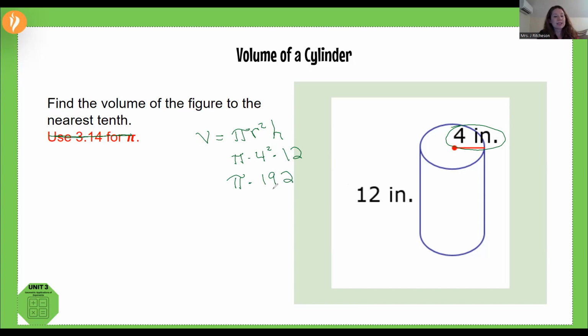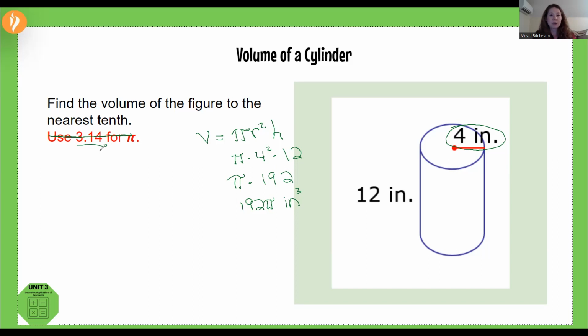And so finally, if I was given an exact answer, I would say 192 pi inches cubed. That would be my final answer if it said leave your answer in terms of pi. However, we do see that they wanted us to multiply by 3.14 in place of pi.